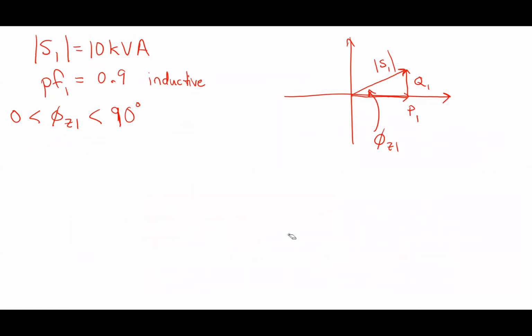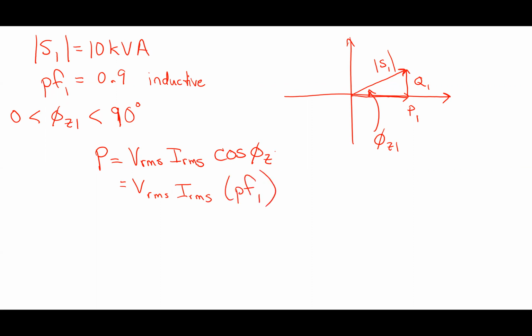So when I look at this, I can figure out what P is, because P is VRMS IRMS times the cosine of phi z. The cosine of phi z is the power factor. This is power factor 1.